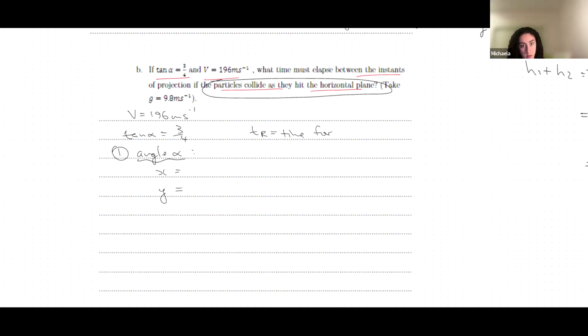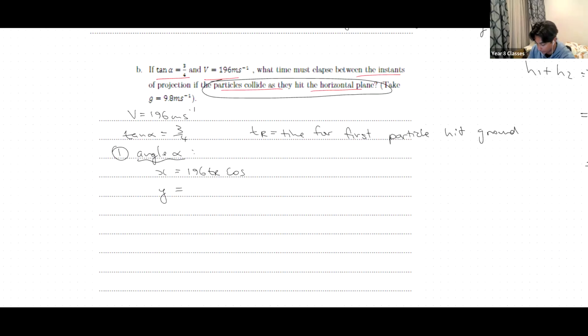Okay. So the x displacement is 196 TR cos of inverse tan 3 on 4.